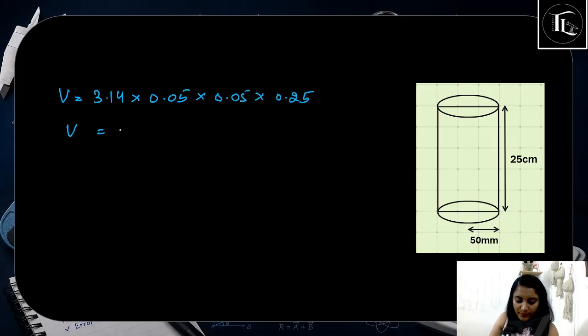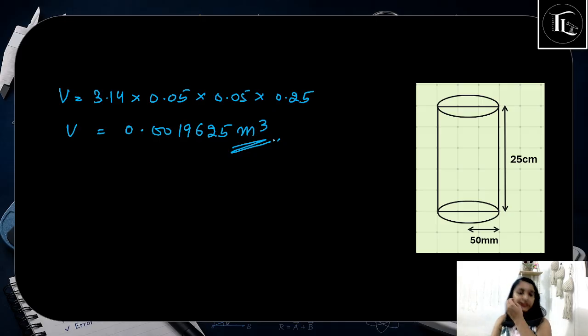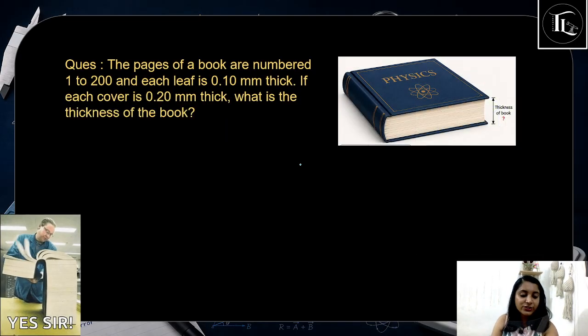So volume comes out to be 0.001965 meter cube. Now the answer is in meter cube. I hope this question is clear. This was important because in this we are converting millimeters and then centimeters to another unit, that is meters. Moving to the next question.